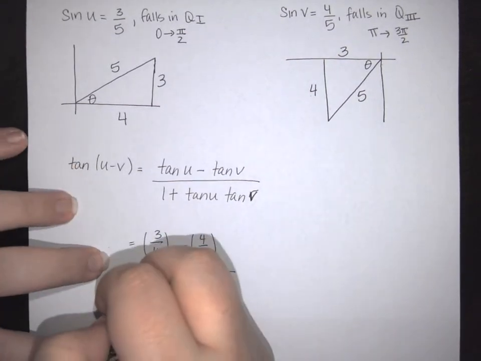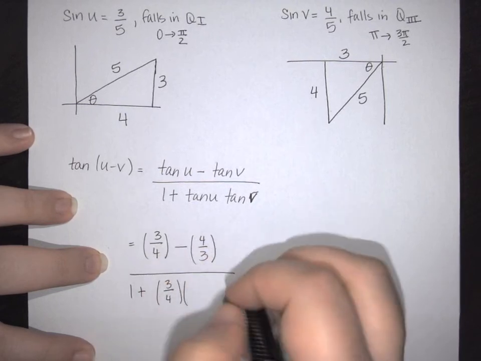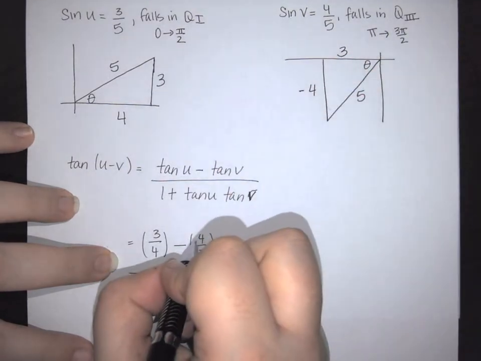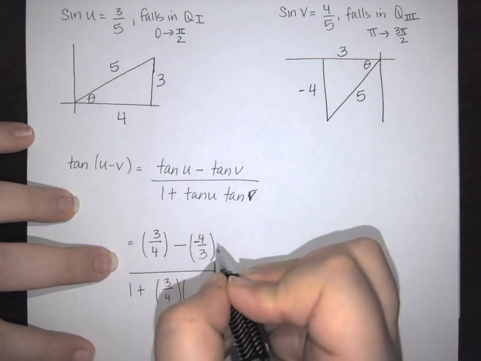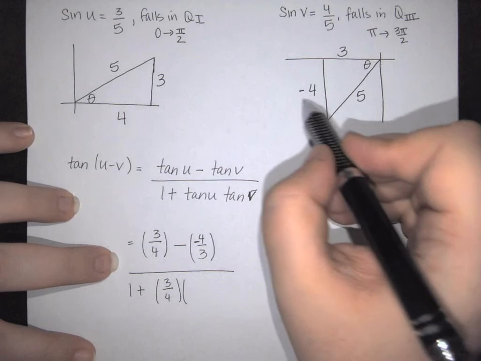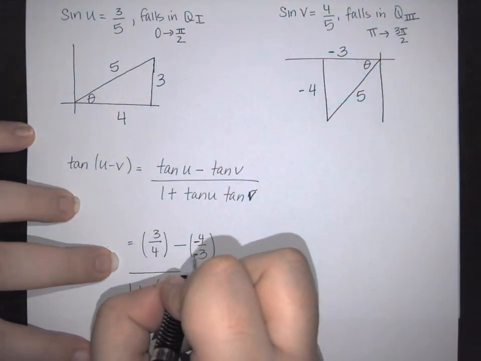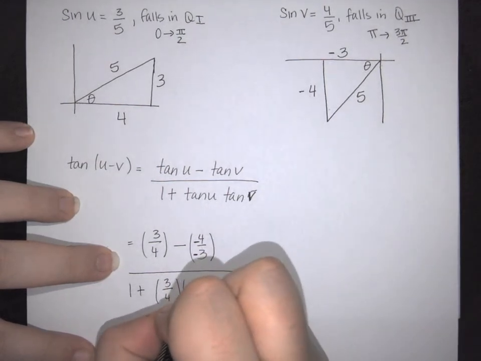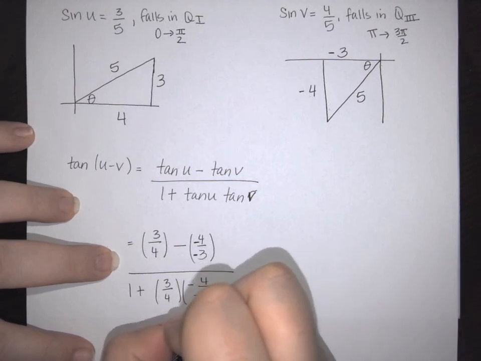And then I'm going to have 1 plus my tangent of u, which was 3/4, times my tangent of v, which is going to be negative 4 over negative 3.